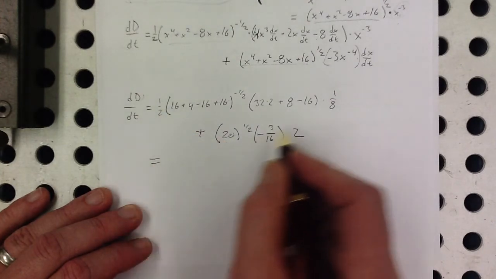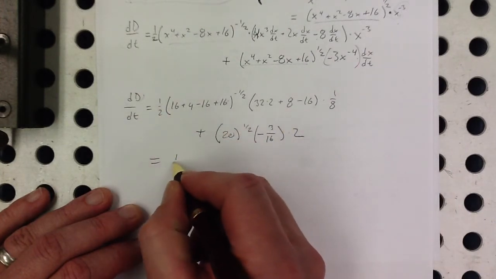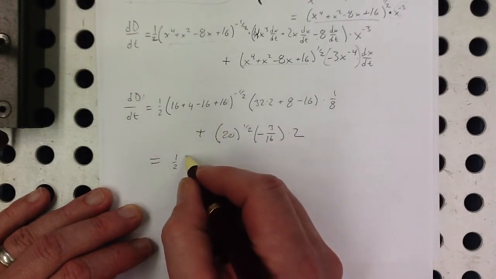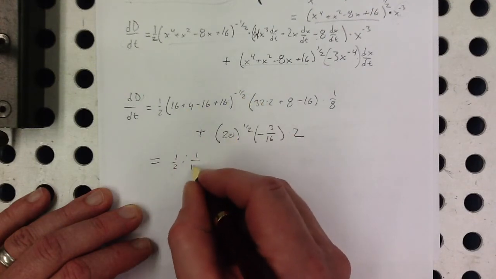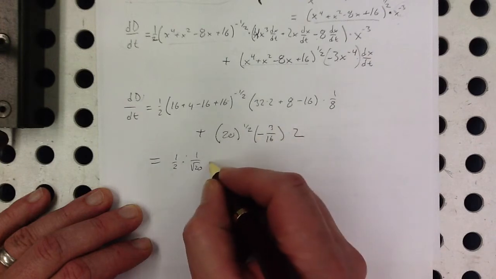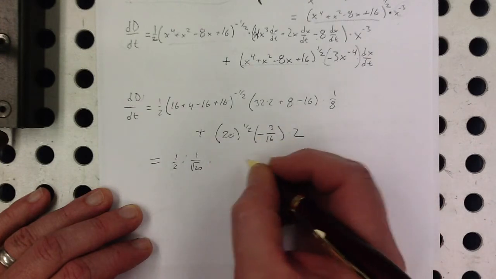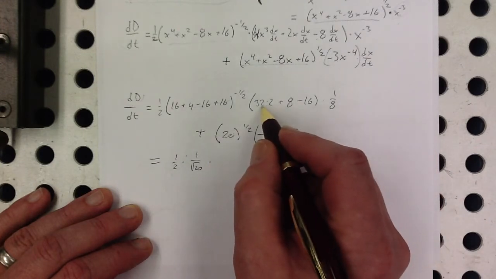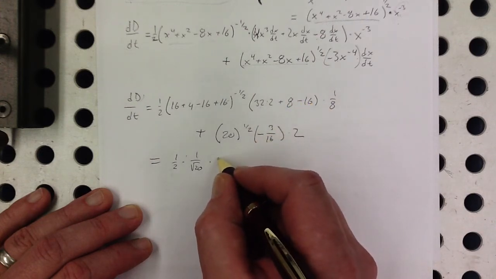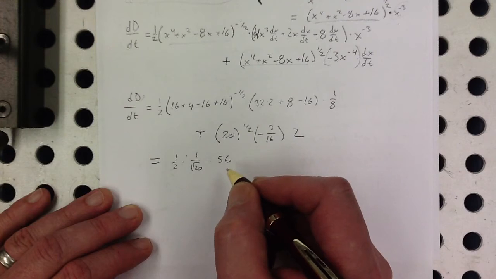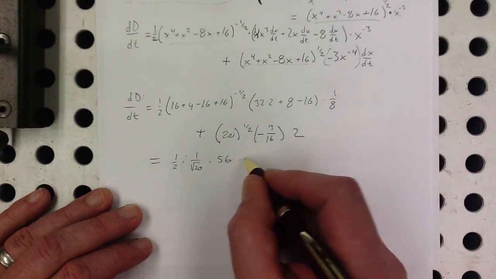So this is 1/2 times 20 to the negative 1/2 times, let's see, 64 minus 8 is 56, times 1/8.